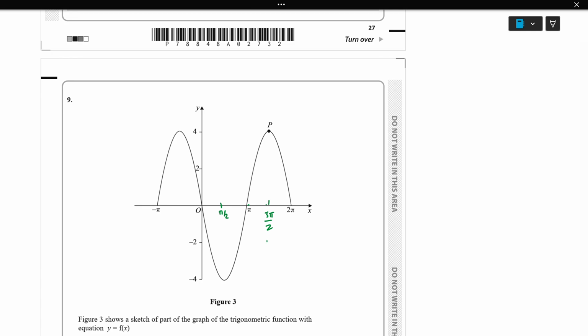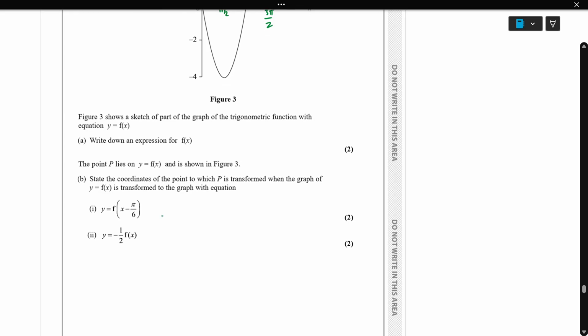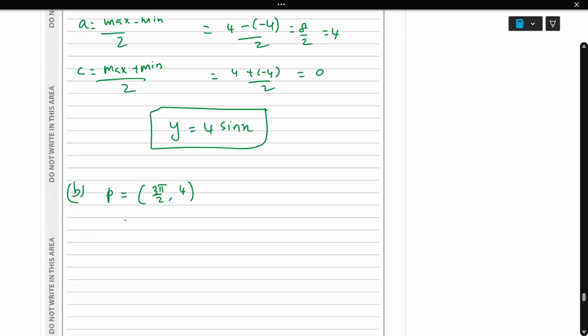Now the translation: the first one happened on the x-axis, pi by 6 moved right.